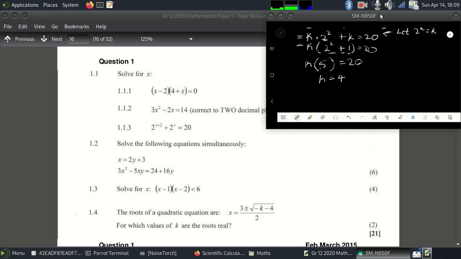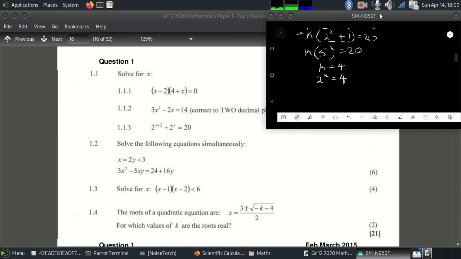But remember, we said we're going to let 2 to the x be k. So let's bring back that 2 to the x. Now I brought it back. It's now a much more direct solve. So let's try and write 4 with the base of 2. And 4 with the base of 2 would basically be 2 squared, because 2 squared is 4.